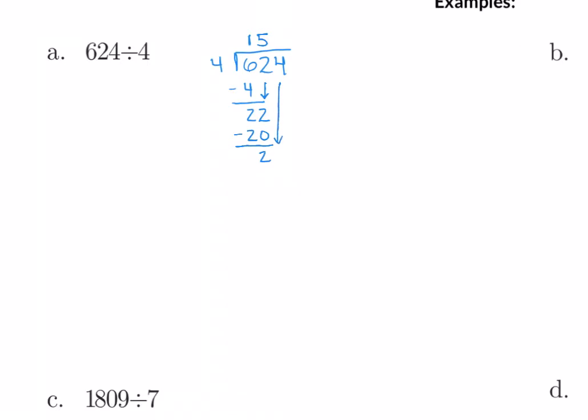Bring down our last digit. 4 goes into 24 6 times. 6 times 4 is 24. We get 0. And we have no remainder because it does divide evenly. We are done.